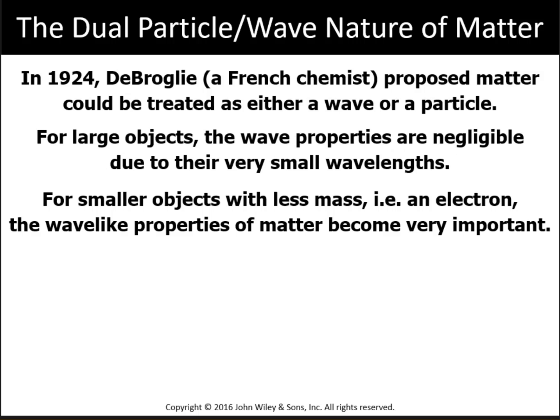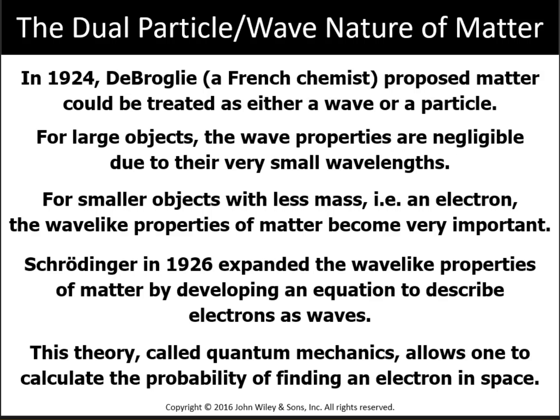So basically saying that electrons are like particles. Particle is anything that has a mass, but at the same time they move like a wave. So what that ends up being is that we can't actually tell exactly where the electrons are at any moment.